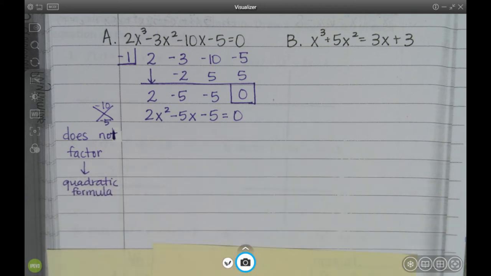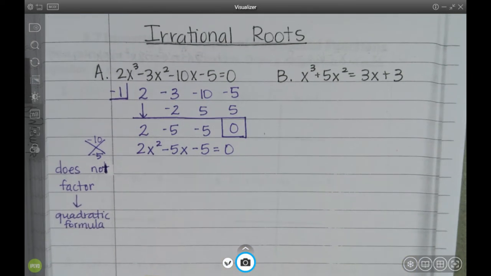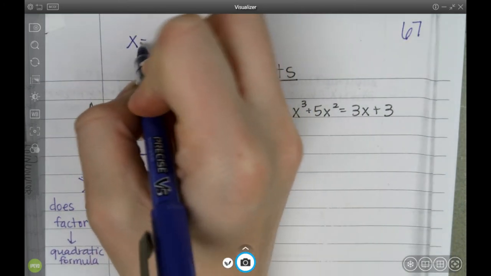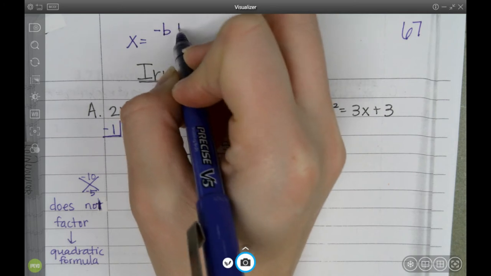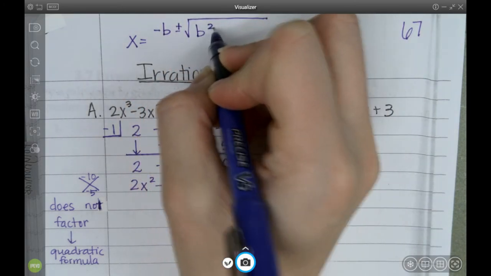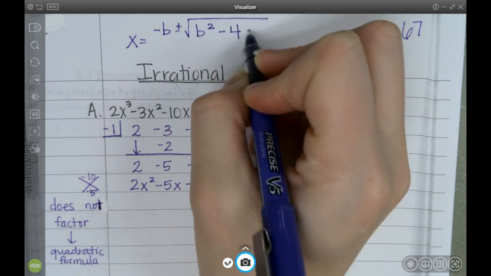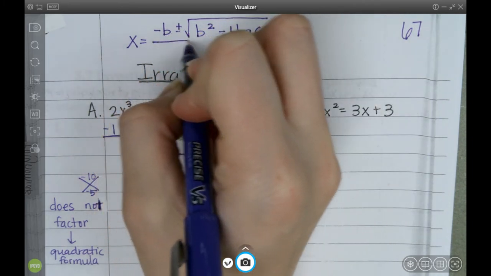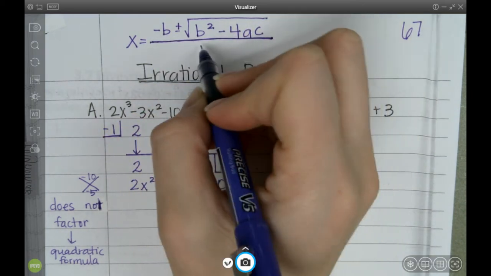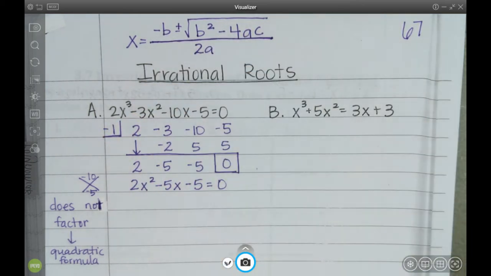What is the quadratic formula? I'd probably write it down because some of you wrote it down wrong on your test. Make sure when you do the all over, it's literally everything, including the negative b, all over 2a.